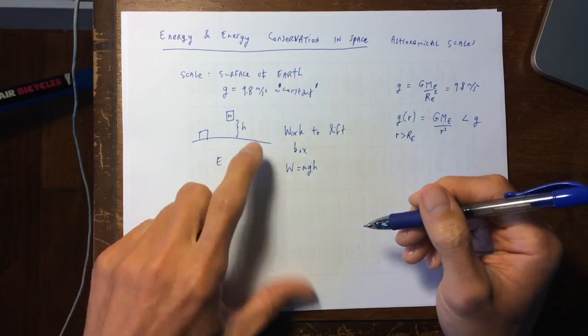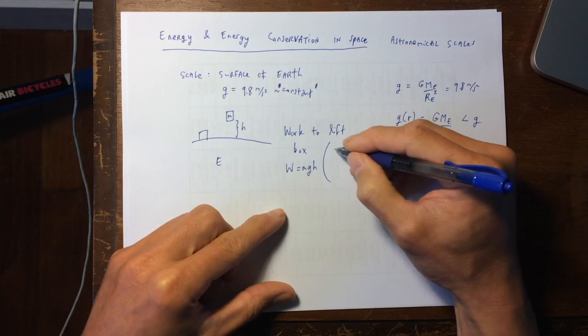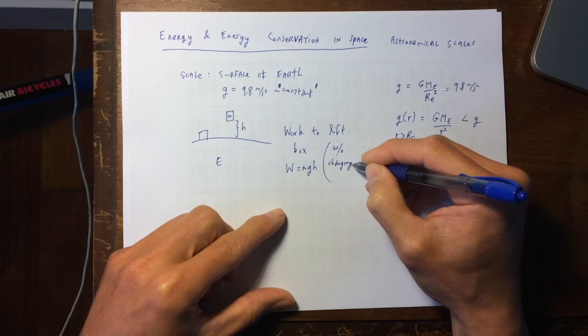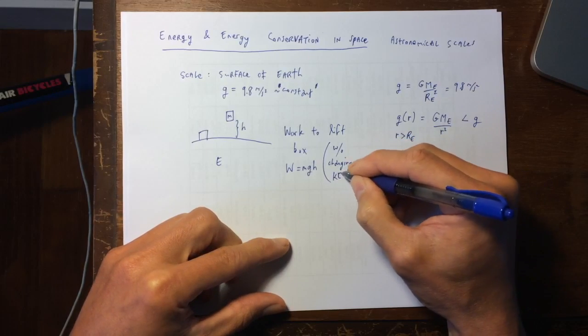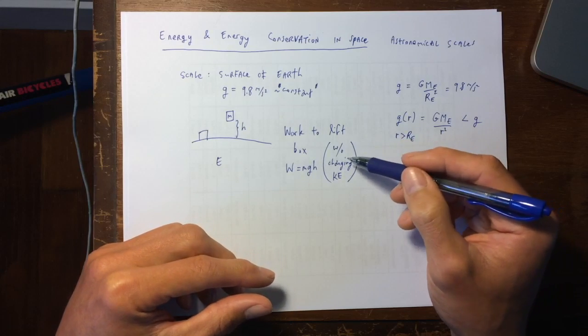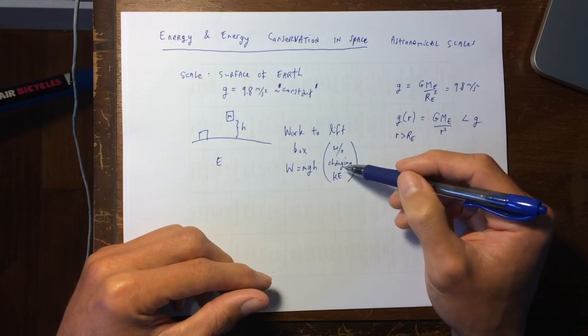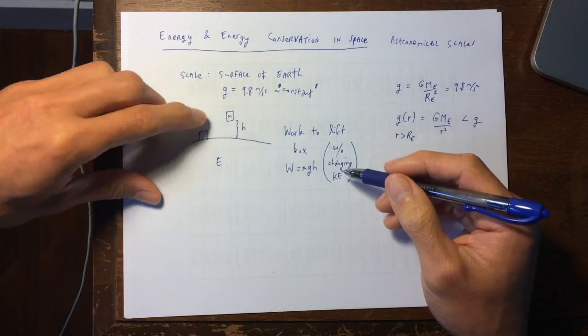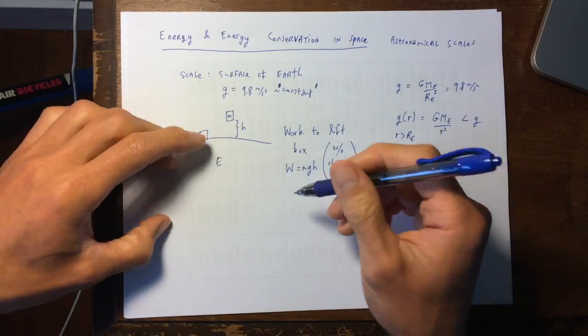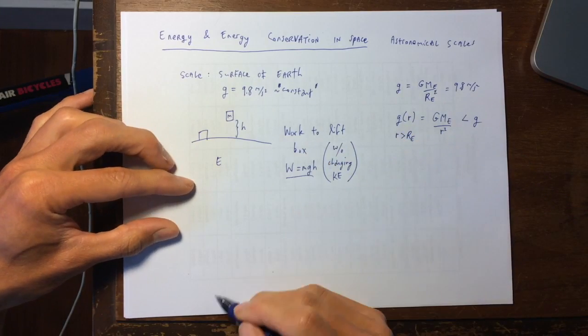That's the work to lift the box. Secretly, this is without changing the kinetic energy. So we're not allowed to speed the box up or slow it down, or we have to do so carefully such that the kinetic energy at the beginning and the kinetic energy at the end are the same value. Anyways, the work to lift the box is this mgh.